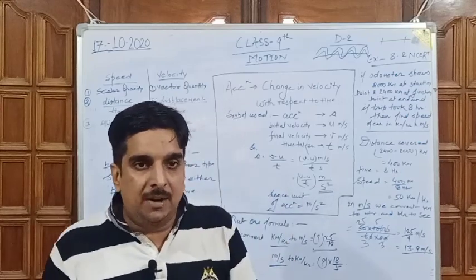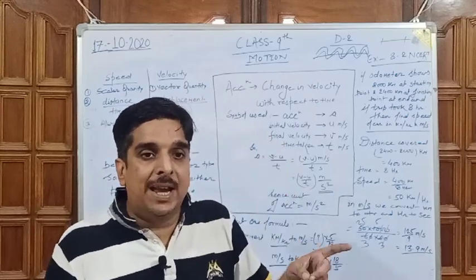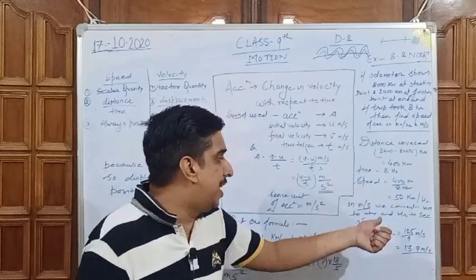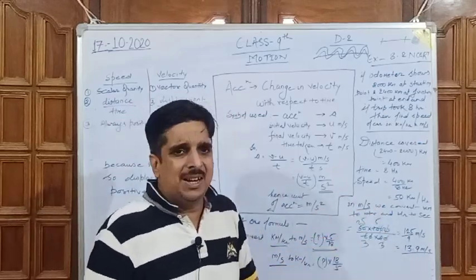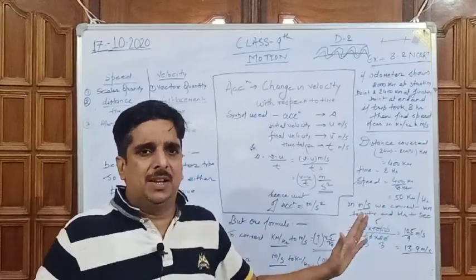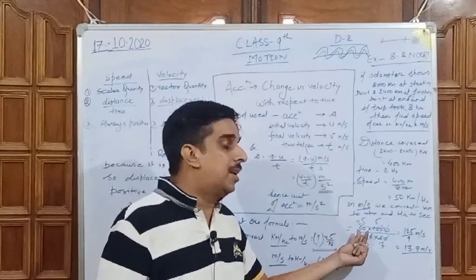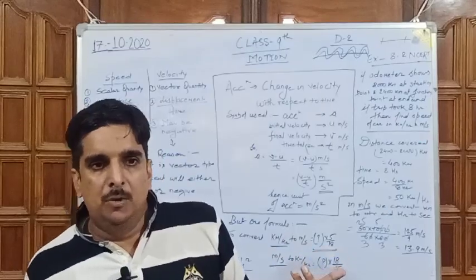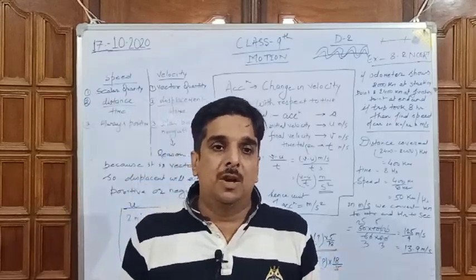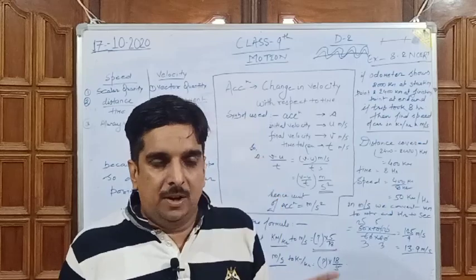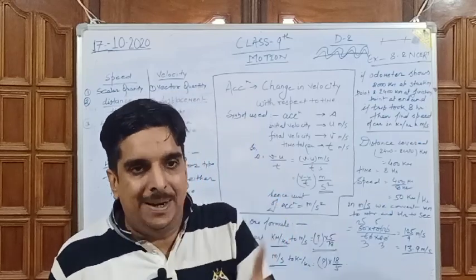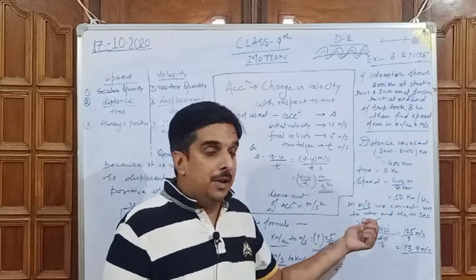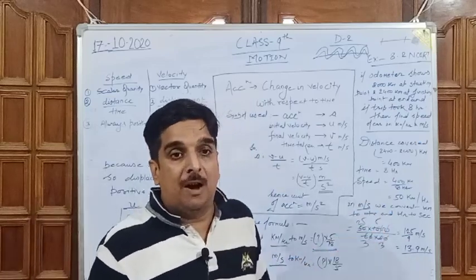Now the important thing is how we can convert kilometer per hour into meter per second. For that, you can see that I did not do anything, simply I converted kilometer into meter. We know that 1 kilometer is equal to 1000 meter. So 50 into 1000, by, here the unit of time is hour.